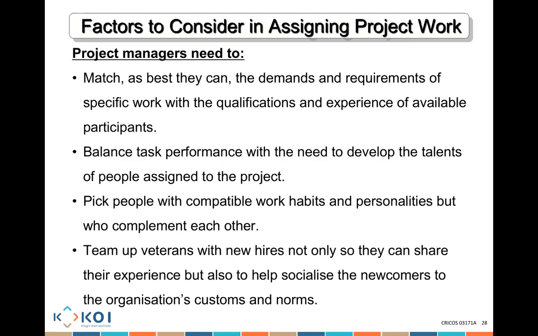We need to think, how can I create a balance between getting people to work on a job and ensuring I develop the talents of people? Don't over allocate people, because you want to make sure that those people who might not know something, you want to develop their ability to learn how to do any specific activity.